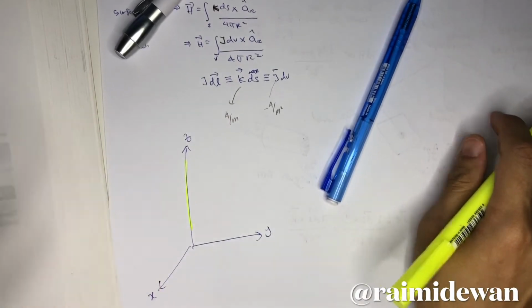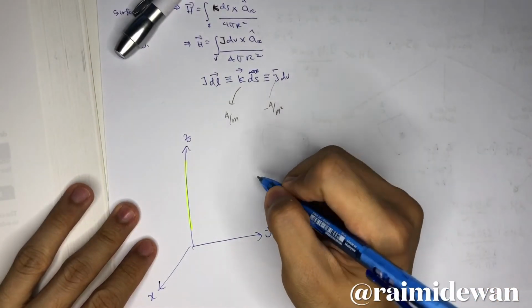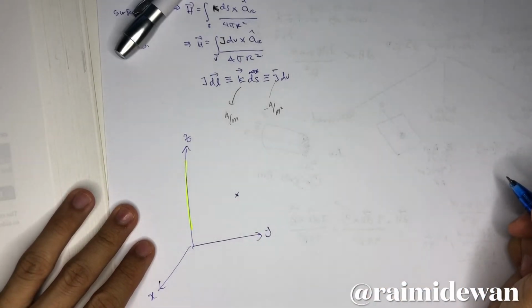Then you have the sampling point, which can be anywhere. Let's say here, for easy understanding.